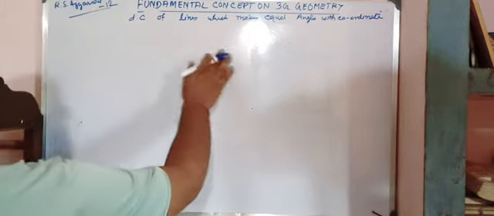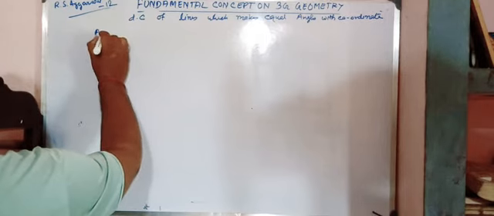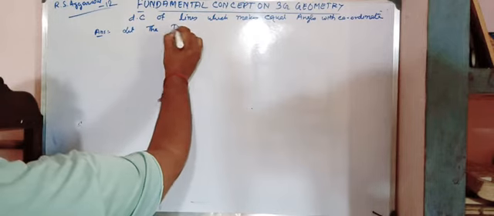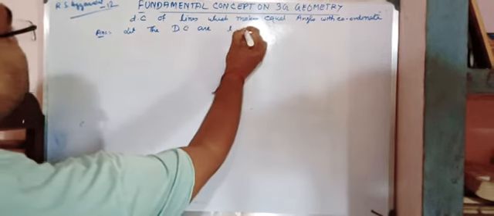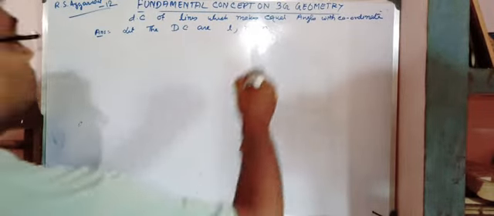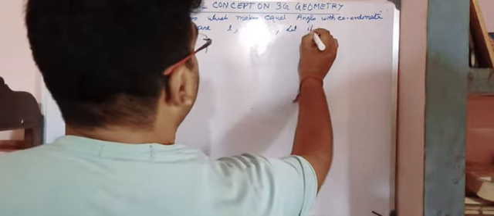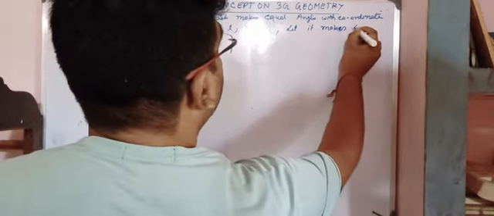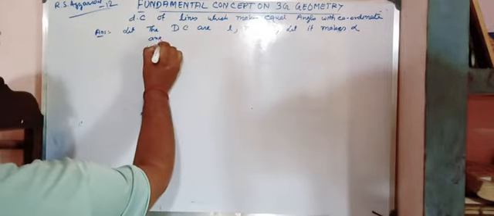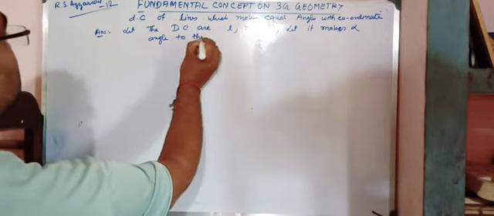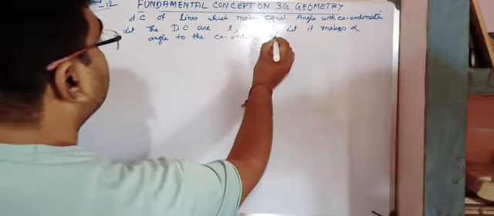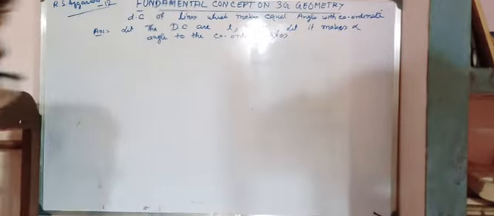Let the direction cosines be l, m and n, and let it make angle alpha with the coordinate axes, that is along the x axis, y axis and z axis.